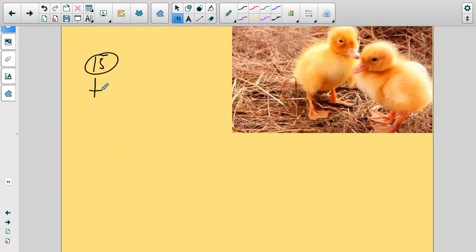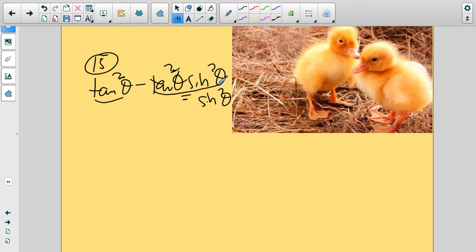So number 15 is tangent squared theta minus tangent squared theta sine squared theta. We're doing number 15. Anyway, this is a term and this is a term, and they both have tangent squared in them.